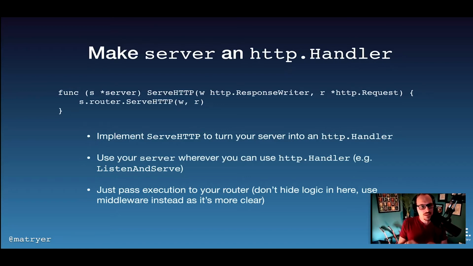The tip here is don't do anything more than just pass your execution to the router or to whatever is going to be actually doing the work, because you wouldn't expect things to happen in here. This is really just to make it so that the server works.